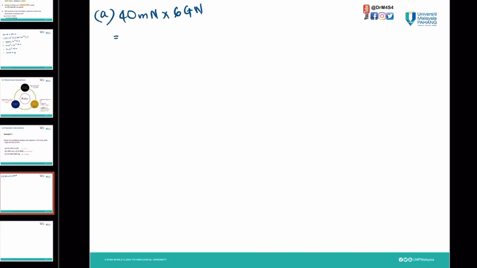Milli is 10 power of negative 3, so 40 times 10 power of negative 3, the unit Newton, times 6 giga, which is 10 power of 9. Don't forget the unit is newtons. 6 times 40 is 240.